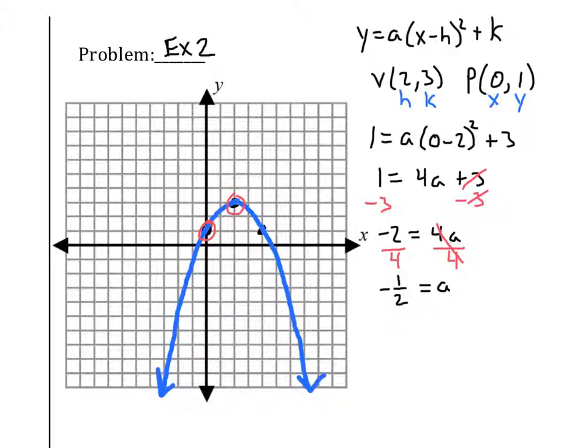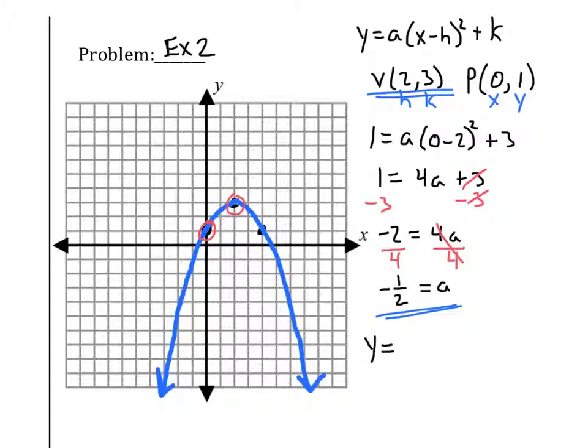Okay, we want to double check something. Remember, the a value tells us if we open up or down, right? Does our a value match the graph? Yeah, our a value is negative and our graph opens down, so that's a good check. All right, so we plug in our a value and plug in our vertex to find our equation.